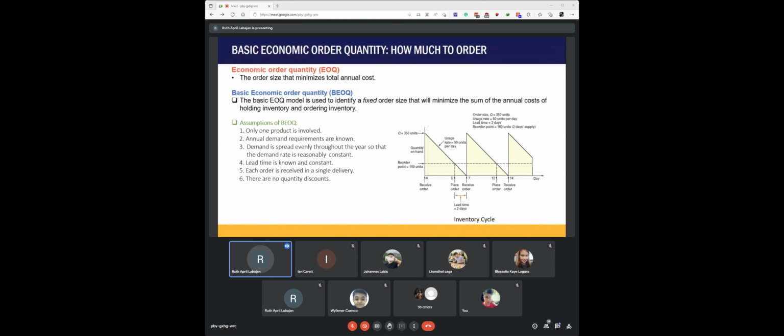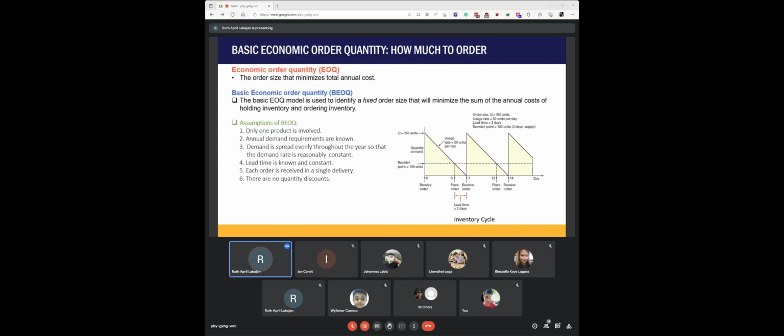Now, there are several models that we can use to determine the economic order quantity. The first one, which is to be discussed, is the basic economic order quantity. The second one is what we call the production economic order quantity. And the third one is the quantity discount. However, the last two we will not discuss.